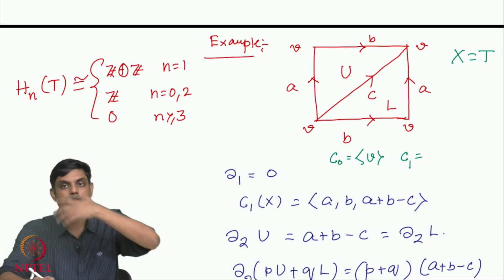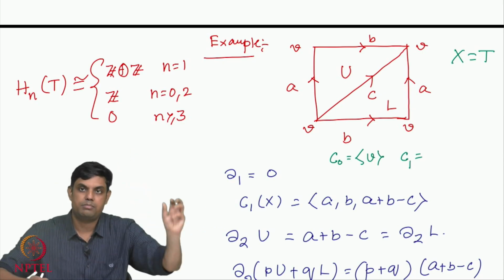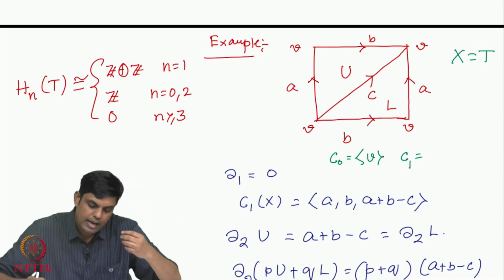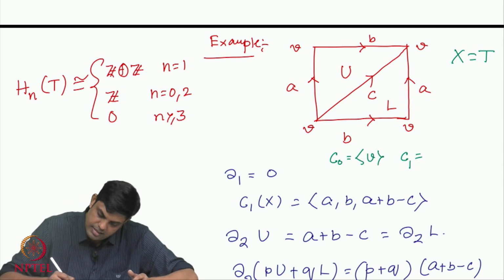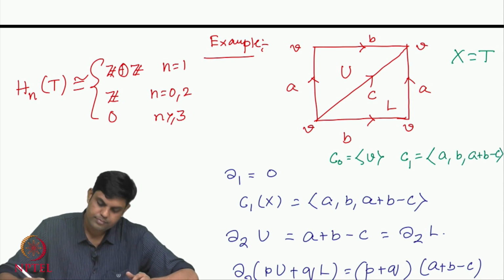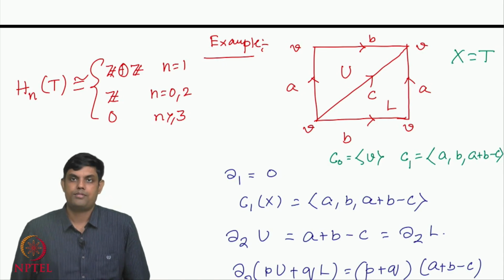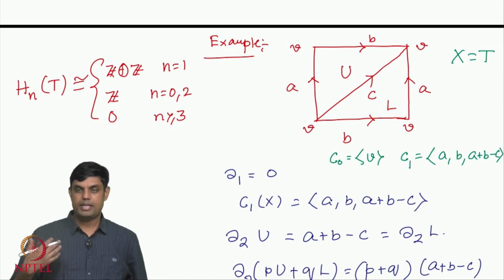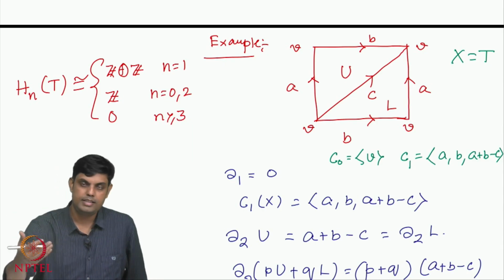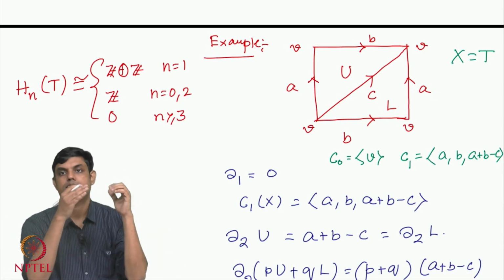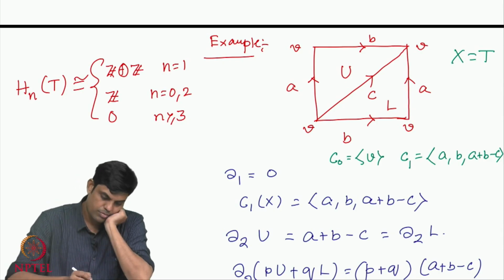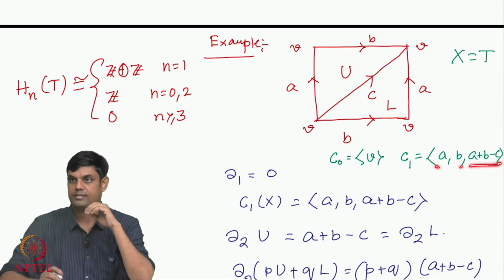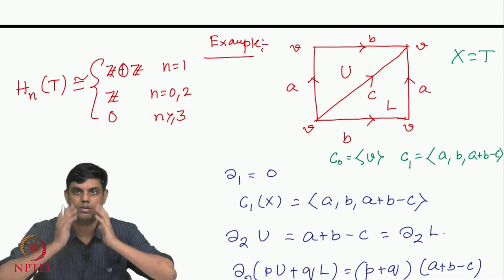Okay. So, now I can use them as a standard basis saying that it is generated by A, B and C, or I can use their formal linear combination to say that I have a basis generated by A, B and A plus B minus C. So, if I have a free abelian group generated by A, B and C, then I can take the linear combination A plus B minus C, and then every other element is a formal linear combination of A, B and A plus B minus C. So, this is just a vector space notation that I am using.